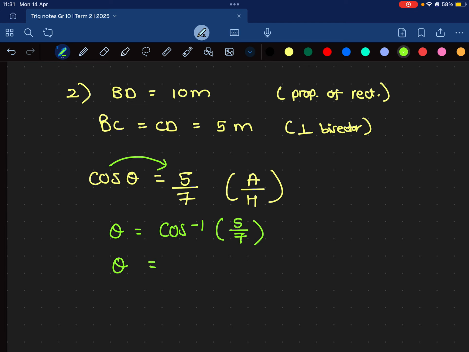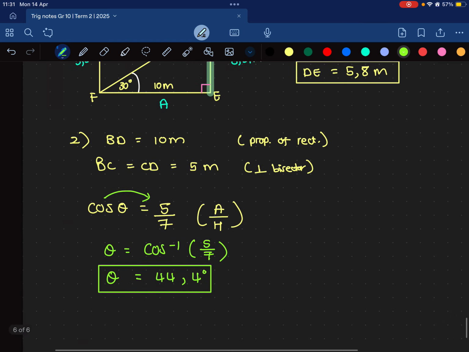You'll put it in your calculator and you'll get 44.4 degrees.